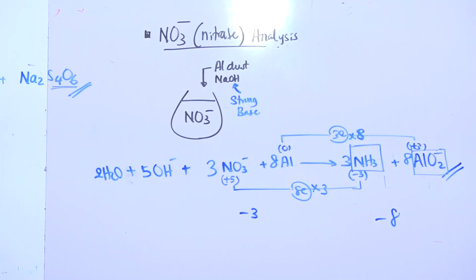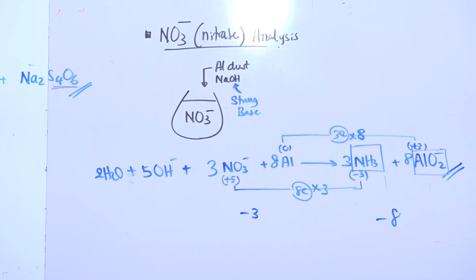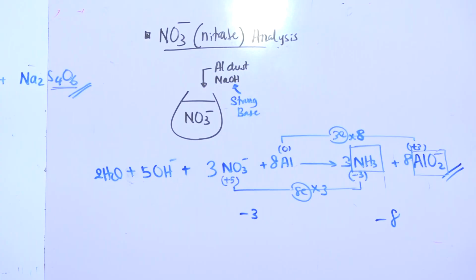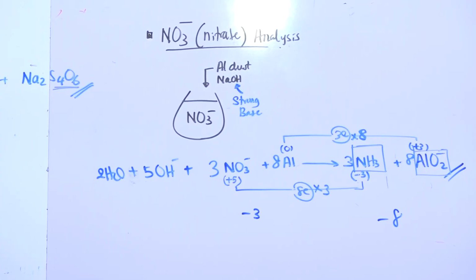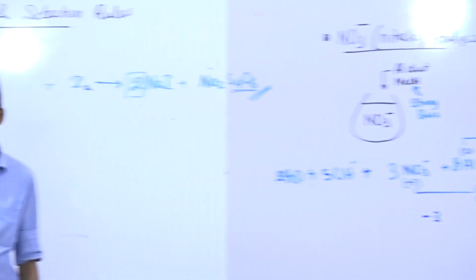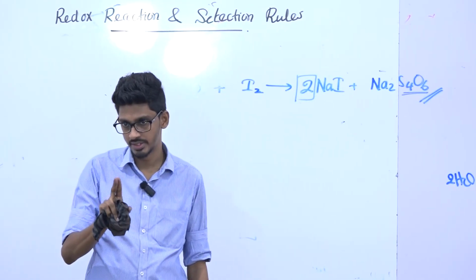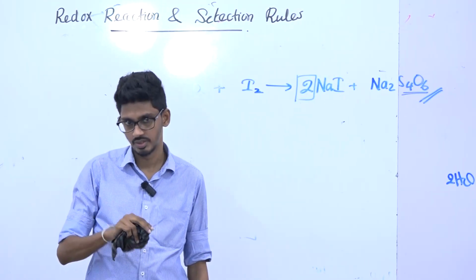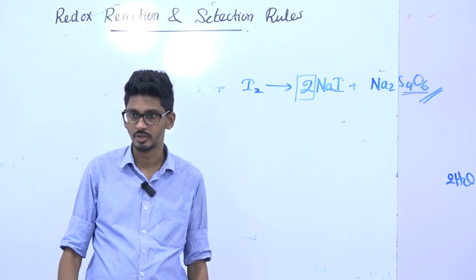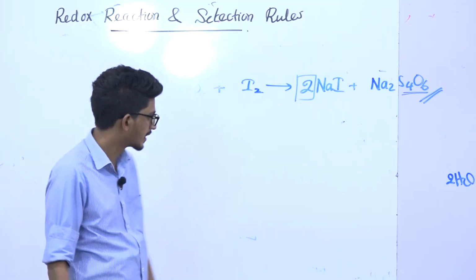Sulfite ions can precipitate and can be oxidized, so sulfite ions will be involved in both redox reactions as well as precipitation reactions. Sulfates will be involved in only precipitation reactions. So sulfate can't get oxidized, it has no redox property.